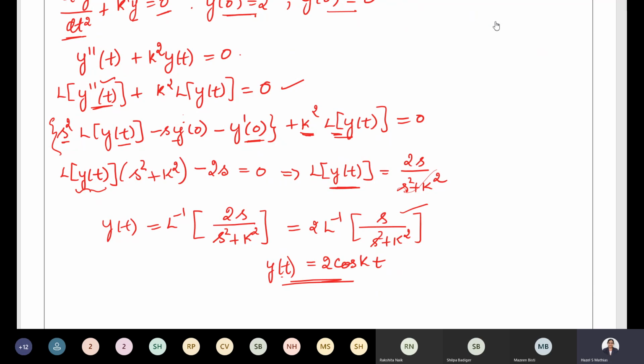Next, we will discuss one more question, so it will be very clear to you all. Next question: solve y triple dash plus 2y double dash minus y dash minus 2y equal to 0. Here is a differential equation given with conditions.